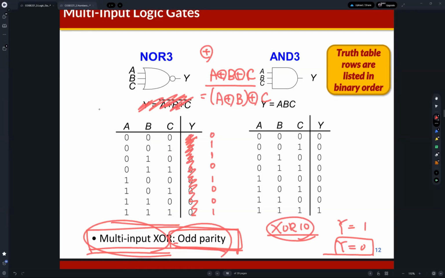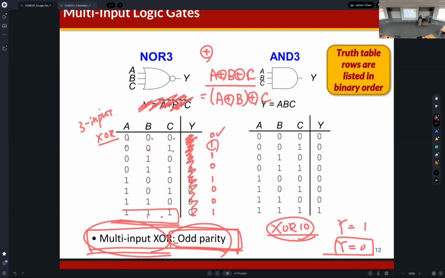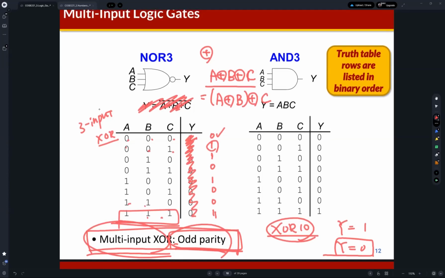It's a 3-input exclusive OR. So 0, 0, 0. The number of ones is 0, which is an even number. So this output becomes 0. And then 0, 0, 1. The count is 1, an odd number. So it becomes 1. How about 1, 1, 1? There are 3 ones, so it becomes 1. 1, 1, 0.